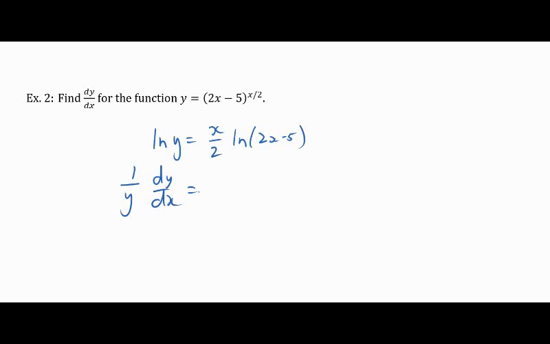So the derivative of the first thing, this is 1/2 times x, so it's 1/2 times the second thing, which is the ln of 2x minus 5, plus x over 2 times the derivative of the second thing, which is 2x minus 5, and then the derivative of the argument, which is 2.